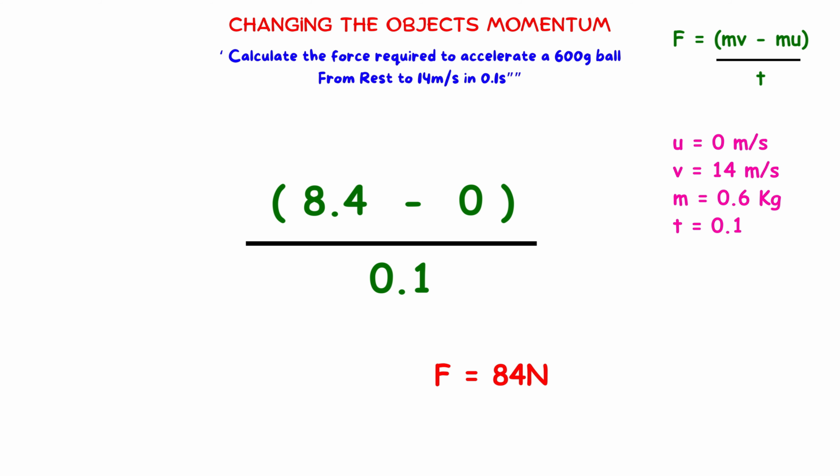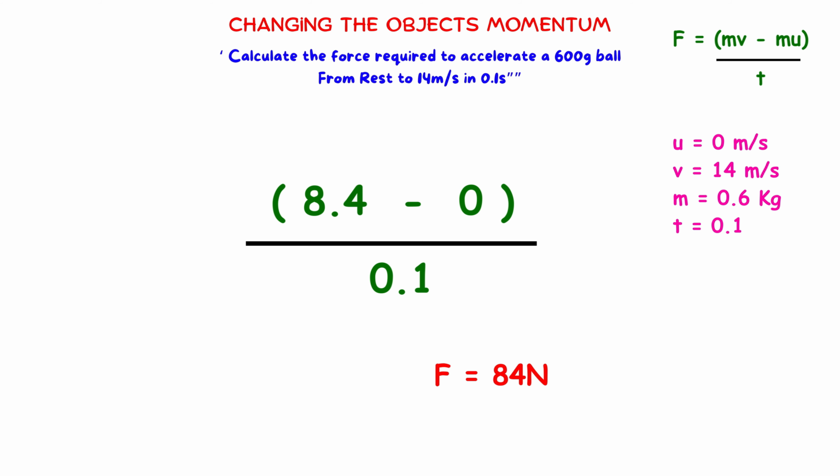Final velocity is 14, mass is 0.6 kilograms, and time is 0.1 seconds. Plugging these values into our formula, we calculate 0.6 multiplied by 14, subtract 0.6 multiplied by 0, then divide everything by 0.1. This simplifies to 8.4 minus 0, divided by 0.1, resulting in 84 newtons as the required force.